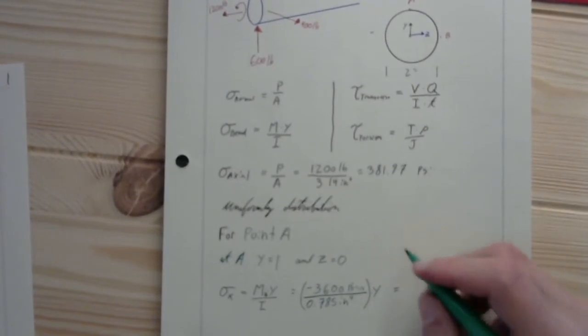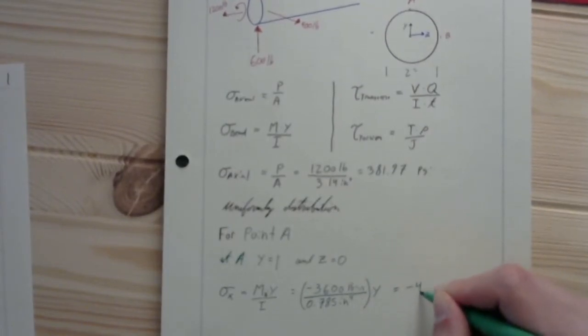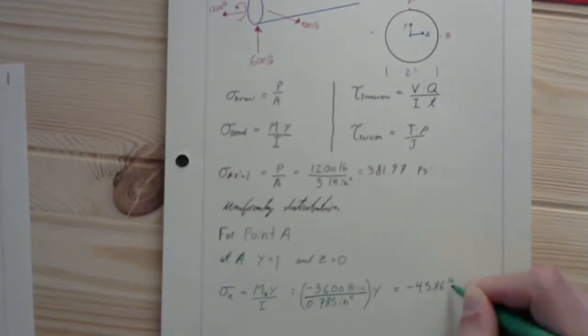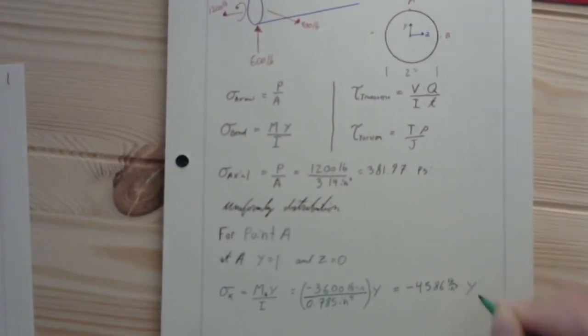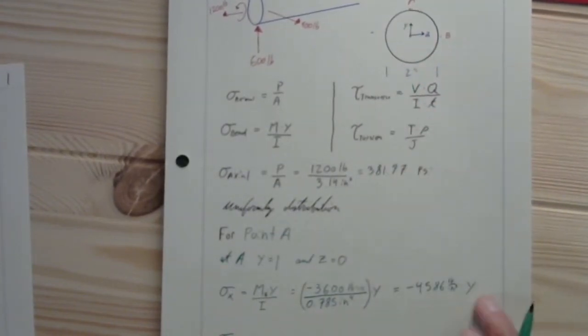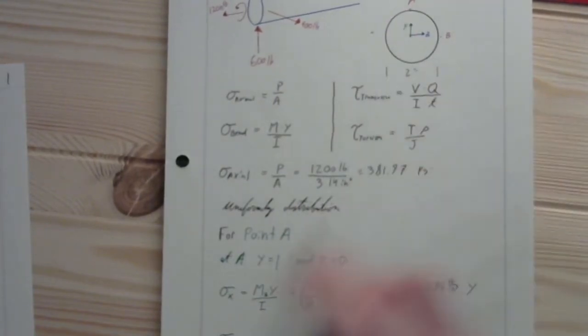We can simplify that to negative 4,586 pounds per inches cubed, I guess, times y. And this isn't specifically for point A, right? This holds for any point as we move up and down y. But if we plug in 1, we do get the value for A.